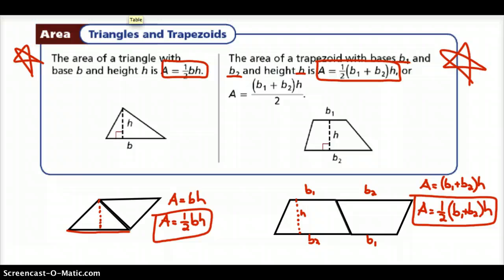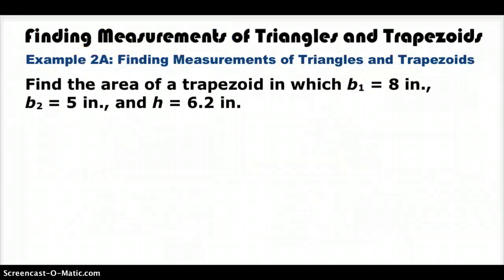Let's go ahead and take a look at a problem. This one says, find the area of a trapezoid in which base 1 is 8 inches, base 2 is 5 inches, and the height is 6.2 inches. Let me go in my tools here and find a trapezoid.